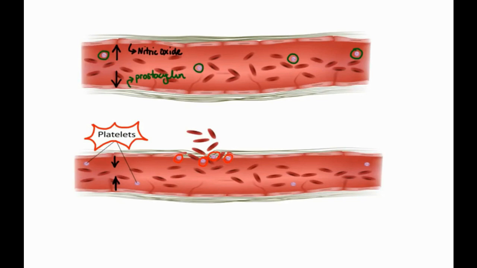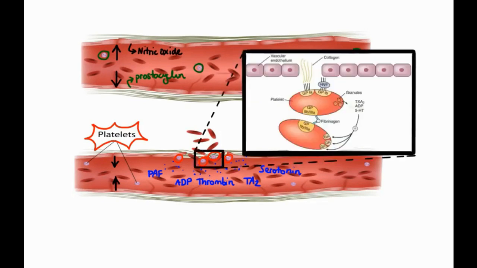Platelets are exposed to the collagen fibers, and this collagen network changes the shape of the platelets, and these shape-changed platelets in return attract more platelets to the site of injury. The final step involves activating the glycoprotein 2B receptors, which bind to the circulating fibrinogen, and these fibrinogens bind to the receptors to link the platelets, which results in platelet aggregation.